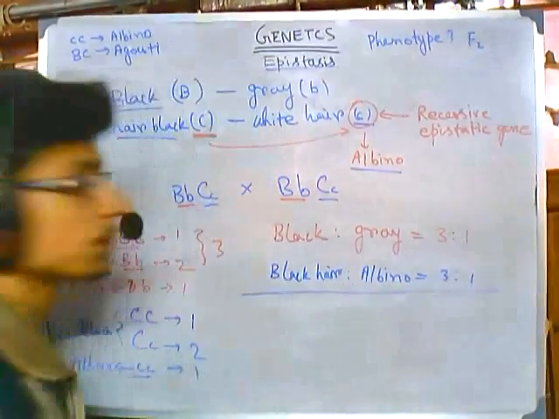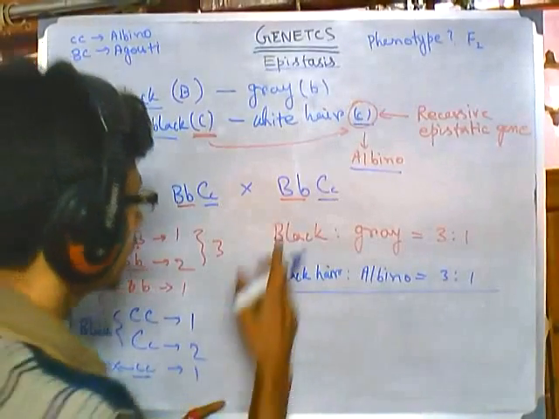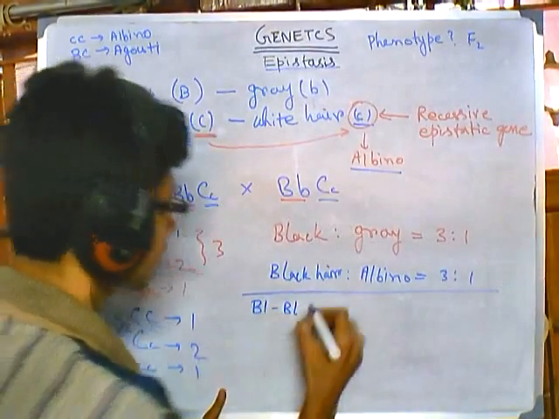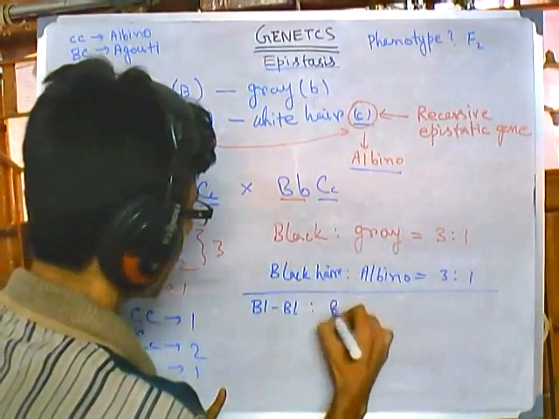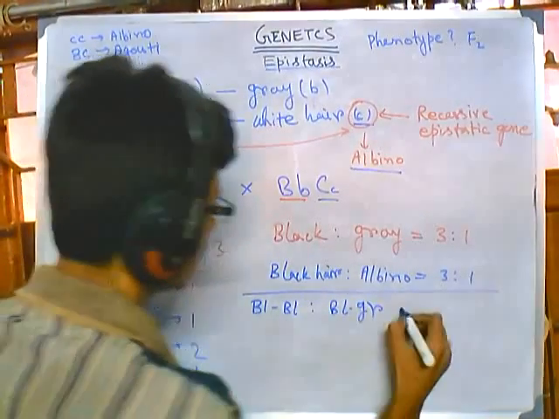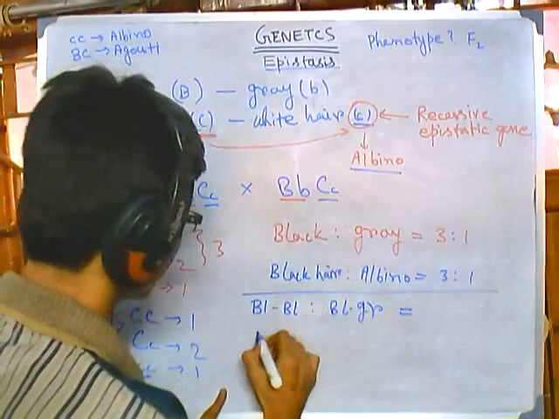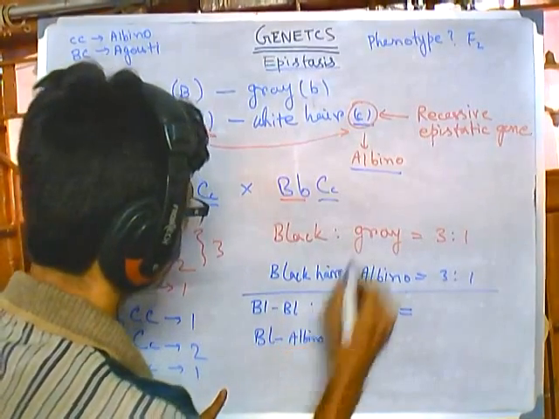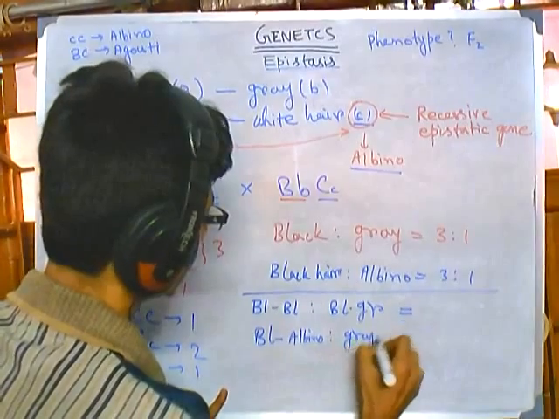Now if we do the probability problem solving approach, then what can we write? Black is to black gray, and in the second round black albino is to gray albino.